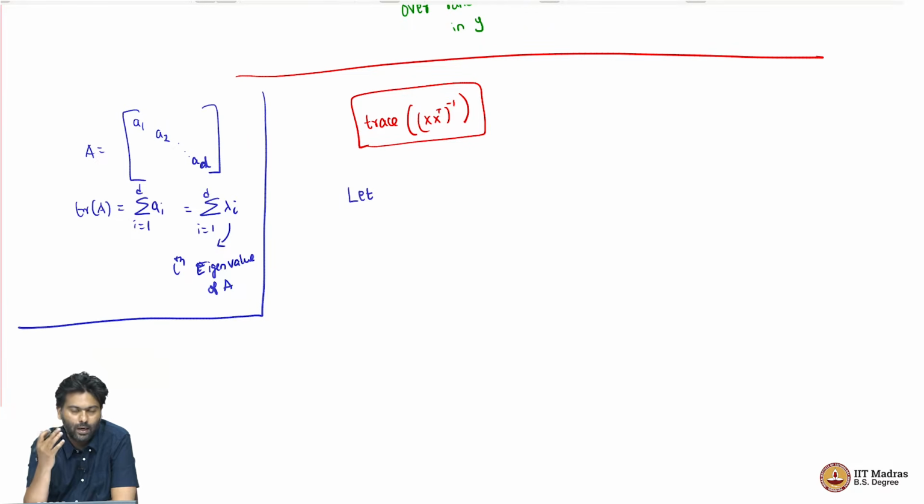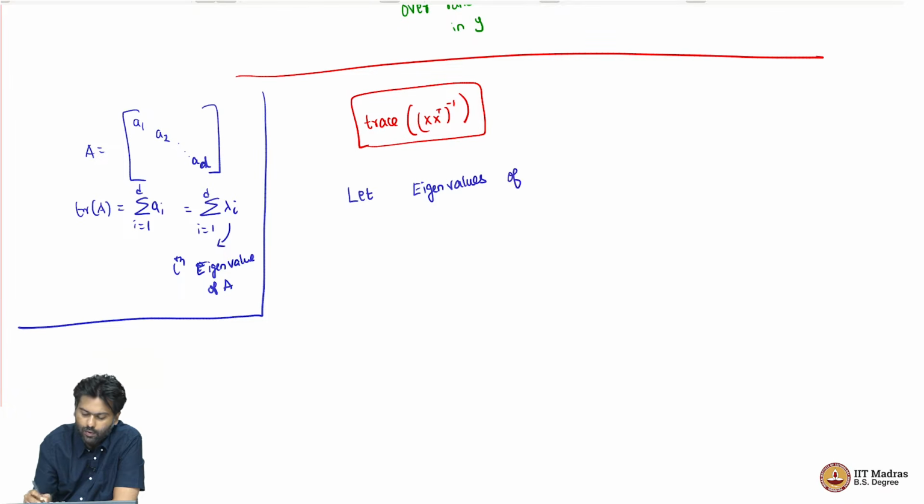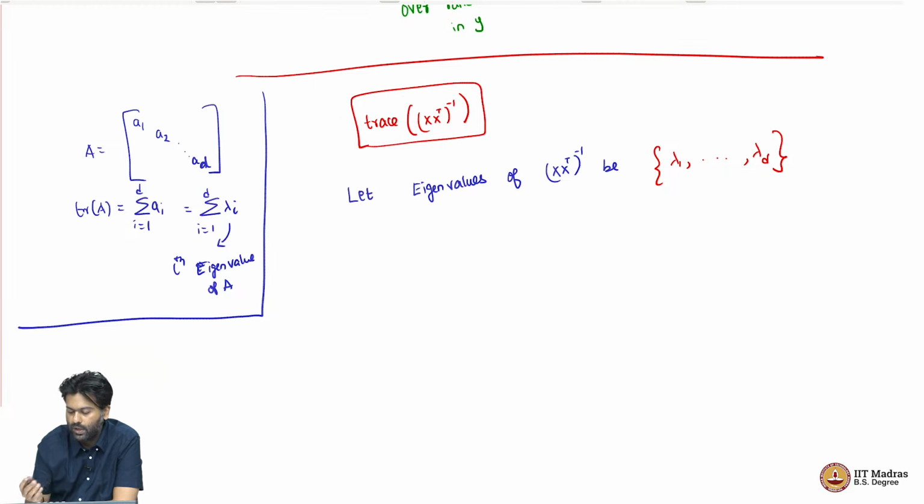So, how does that help us? Well, let the eigenvalues of x transpose inverse be, let us say, lambda 1 dot dot dot lambda d. Or rather, to make the discussion simpler, let us call the eigenvalues of x transpose, the covariance-like matrix, lambda 1 to lambda d.